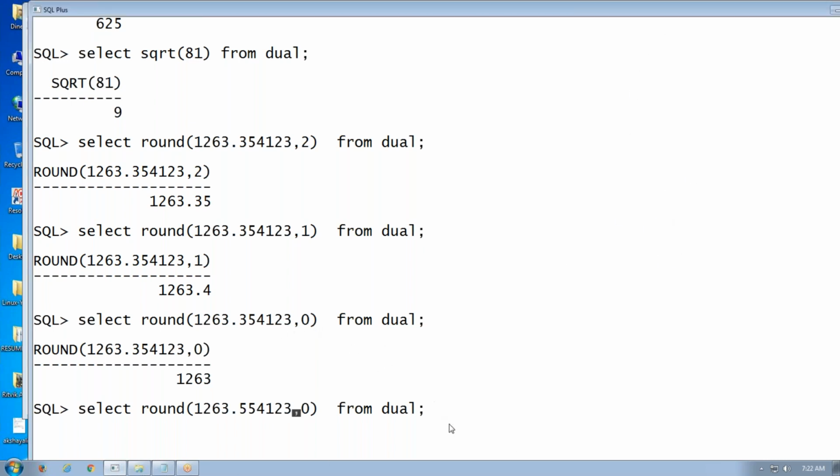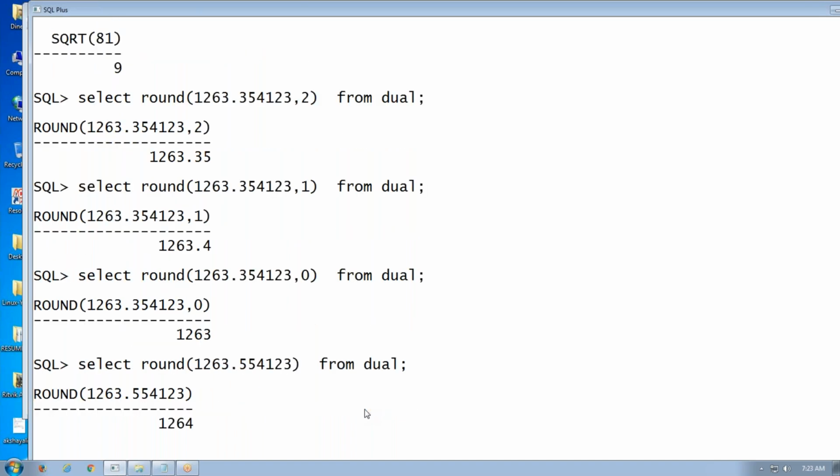Okay, see here. So if you are giving 0 digits, I don't need any digits. But after the decimal point, you are having 5. Okay, I am not writing 0 or anything. If you don't write 0 or anything, by default it will consider 0 number of decimal digits.